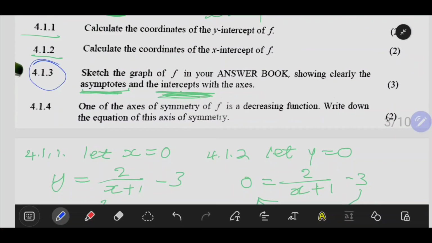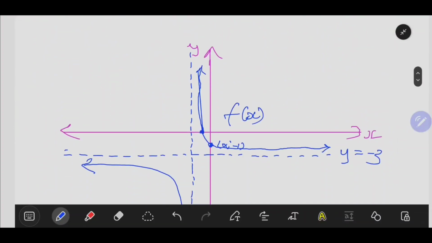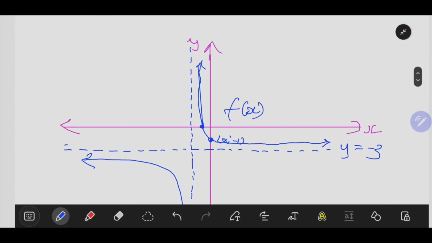Then the last question says, one of the axes of symmetry of f is a decreasing function. Then write down the equation of this axis of symmetry. Remember, when we talk of a decreasing function, and they are talking of the axis of symmetry of a decreasing function, we decrease from the left towards the right.